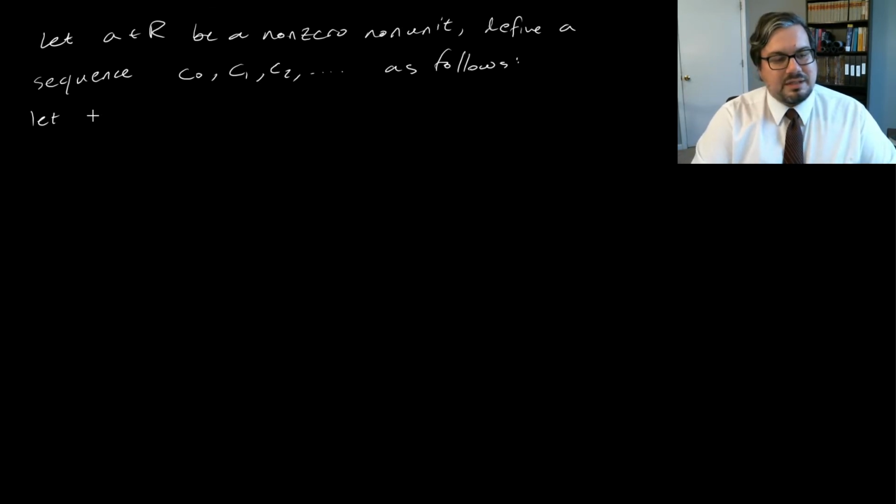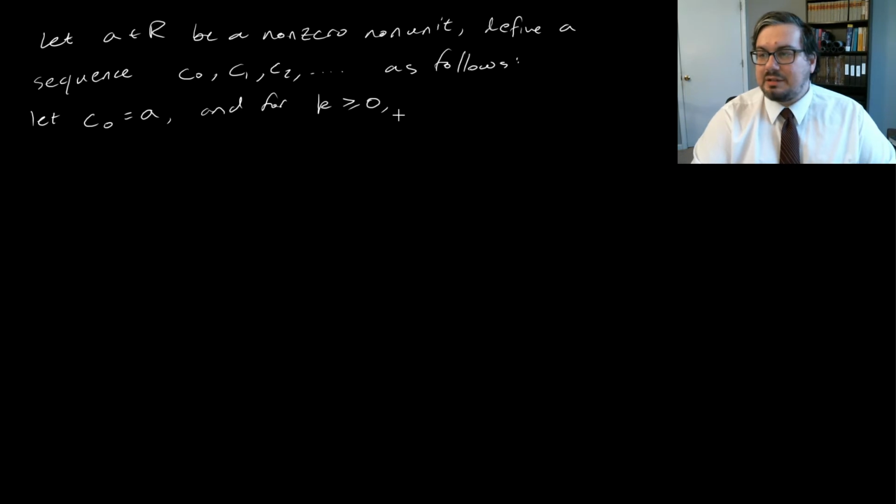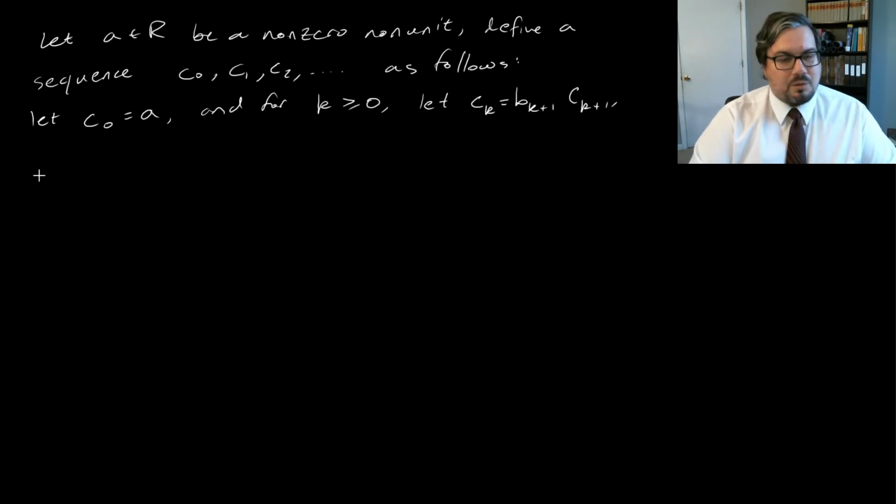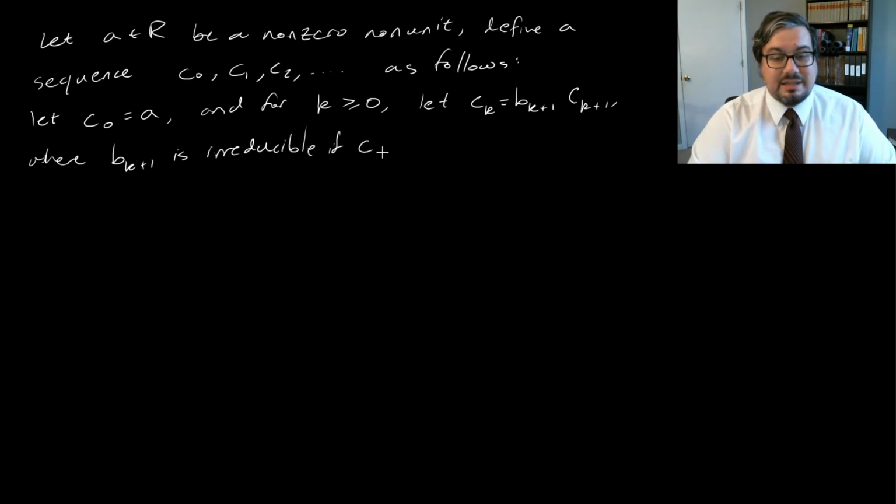We're going to let C0 equal A, and for all k greater than or equal to 0, we're going to let Ck equal Bk plus 1 times Ck plus 1, where Bk plus 1 is irreducible if Ck is a non-unit.